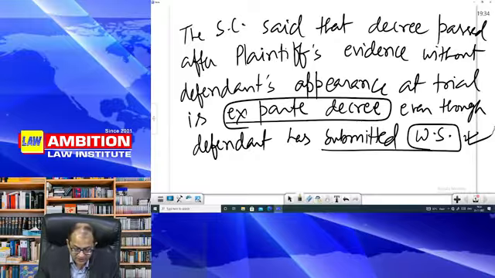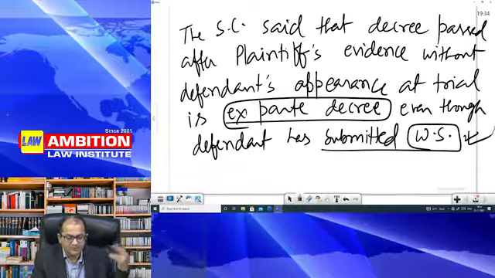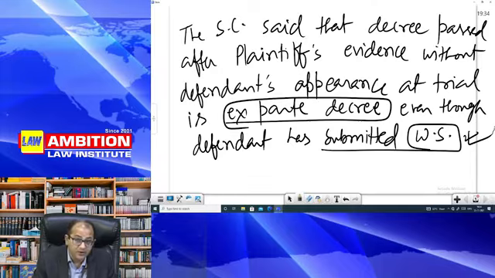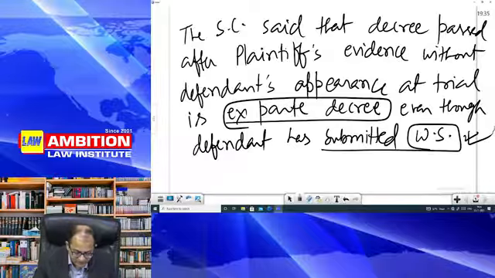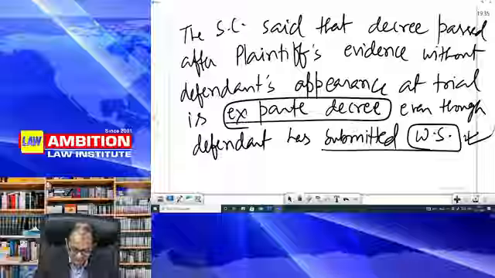So if the party does not appear or fails to appear, then the court will proceed as if the party is not there and Order 9 will apply. Now, the explanation says, where the evidence or a substantial portion of evidence of any party has already been recorded and such party fails to appear on any day to which hearing of the suit is adjourned, the court may in its discretion proceed with the case as if such party were present.